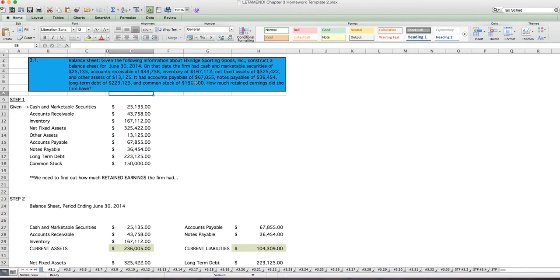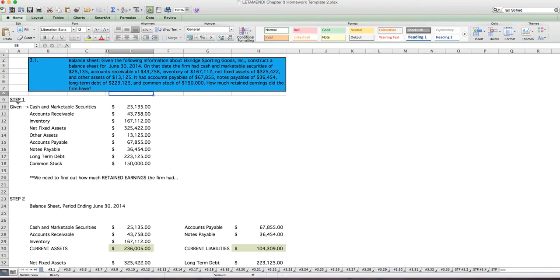It had accounts payables of 67,855, notes payable of 36,454, long-term debt of 223,125, and common stock of 150K. How much retained earnings did the firm have?